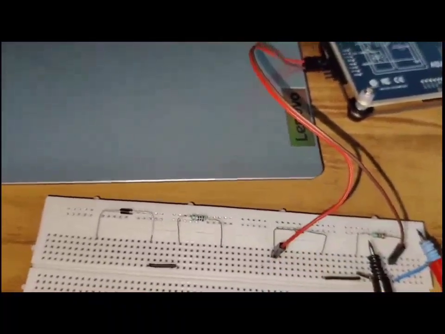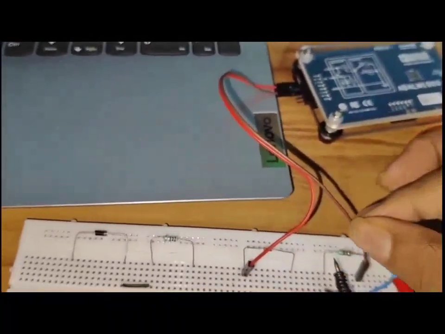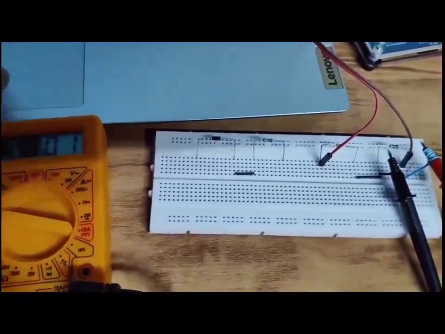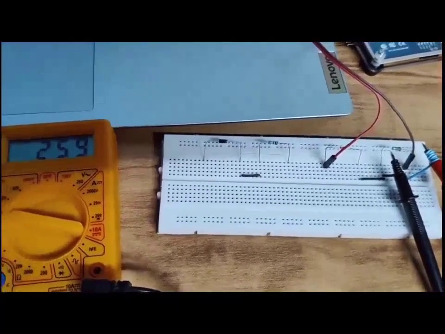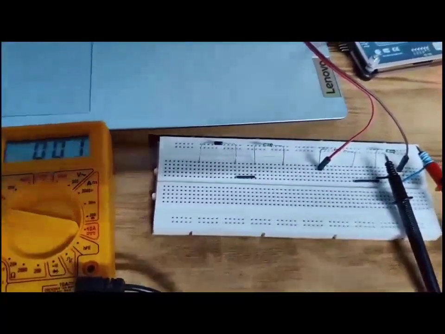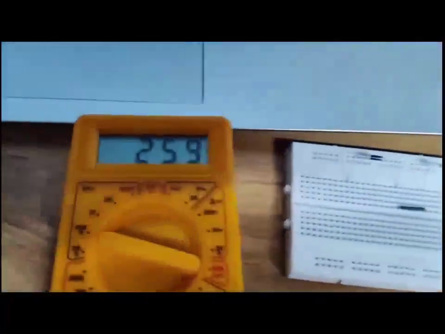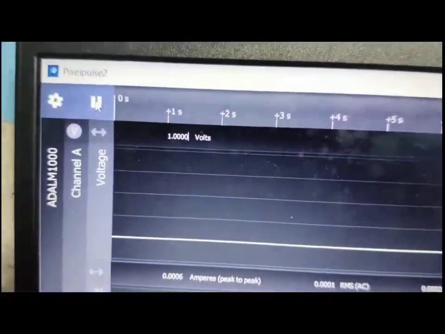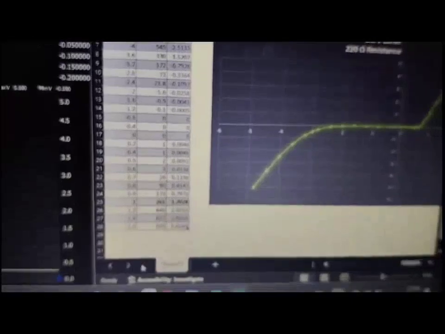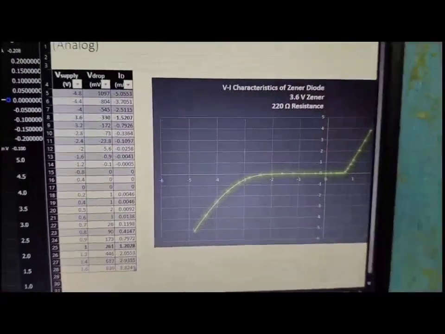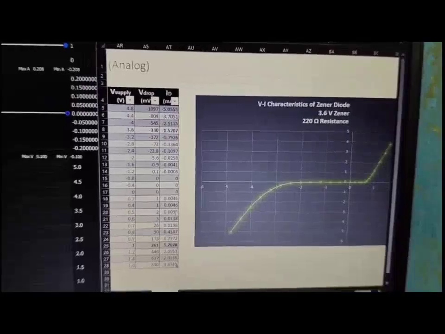Zener diode 3.6 volt, with VCC and ground connected, and now we are measuring. At 1 volt, we get 260 millivolt voltage drop across the 220 ohm resistance.